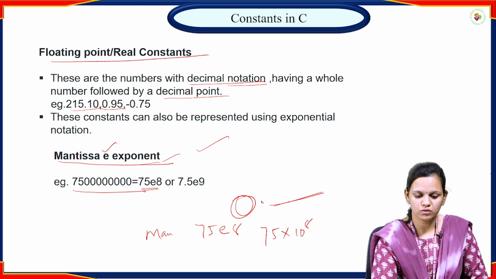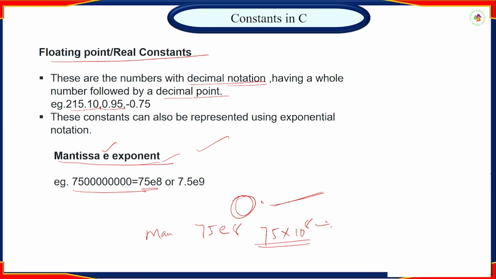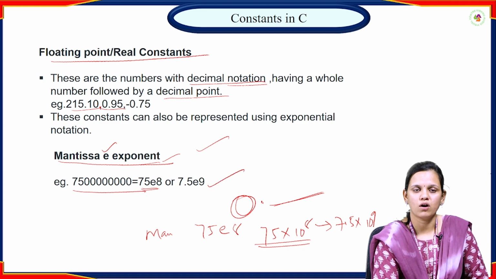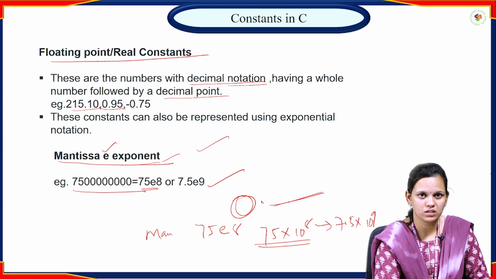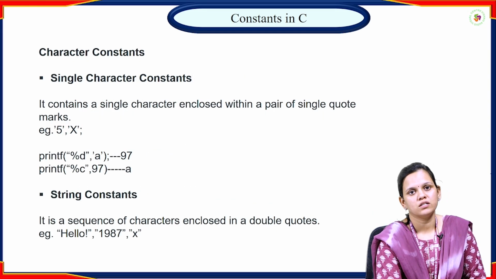If you want to write this in the form of real constants, you can write 7.5 into 10 power 9. So this is called floating point or real constants, and the earlier ones are integer constants.